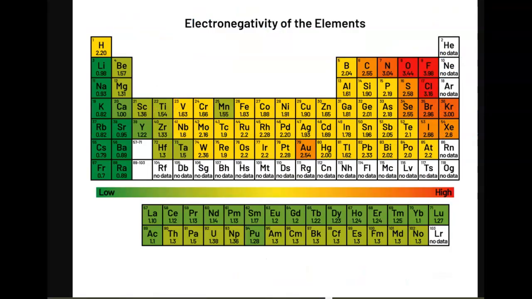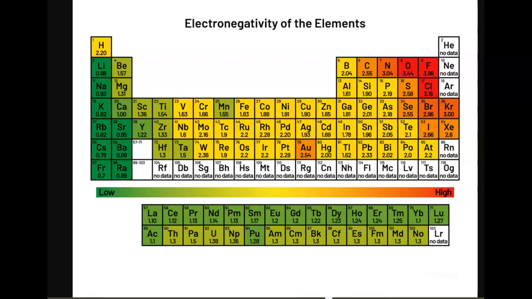Because the electronegativity of chlorine is more than the electronegativity of hydrogen. There is a chart of electronegativity of the elements, and you can see elements located at the same places as in the periodic table. And I will give you a link to this chart.